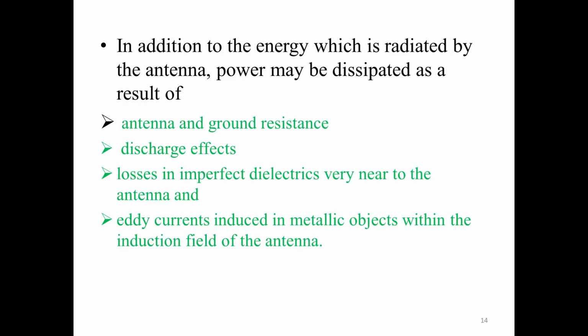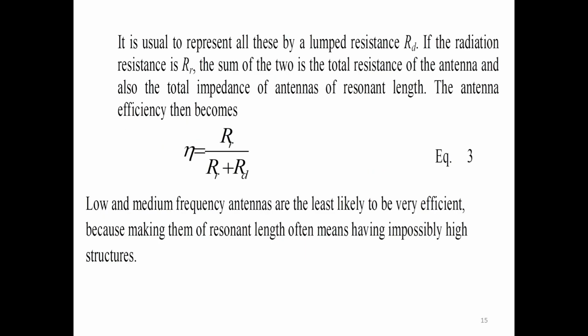In addition to the energy which is radiated by the antenna, power may be dissipated as a result of antenna and ground resistance, discharge effect, losses in imperfect dielectrics very near to the antenna, and eddy currents induced in metallic objects within the induction field of the antenna.